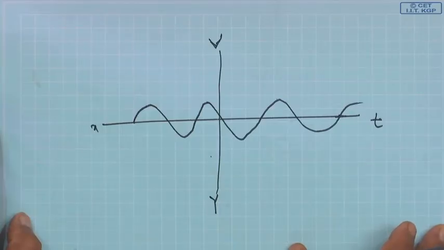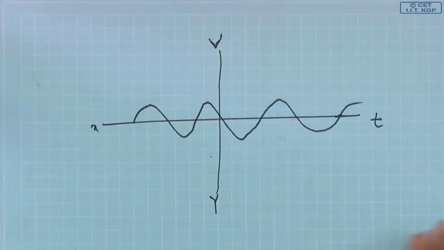Now, how is it happening when I give this signal to channel 1 and this kind of thing is displayed on the screen? If we want to know, then we have to know the function of the CRT.